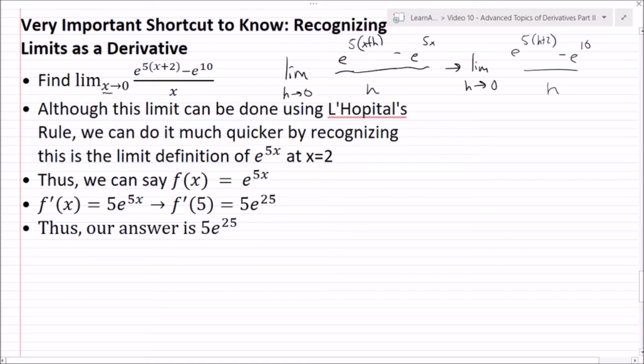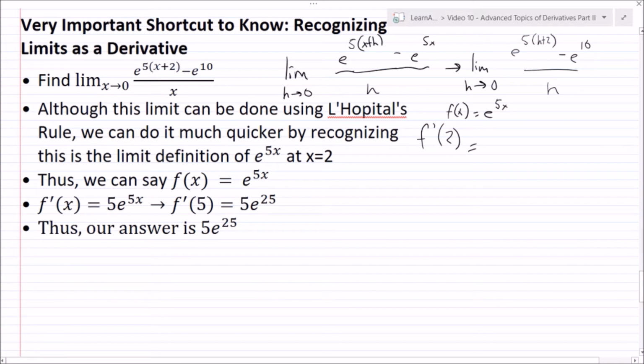And it's just that our variable here is x and here is h. And so if you immediately recognize that this is f prime of 2 for f of x equals e to the 5x, then all I have to do is take my derivative and plug in. And so that's a useful shortcut to know, is to recognize something like this as a derivative.